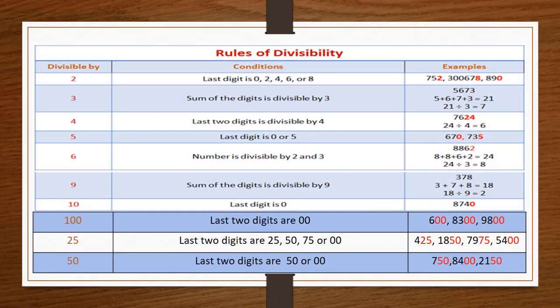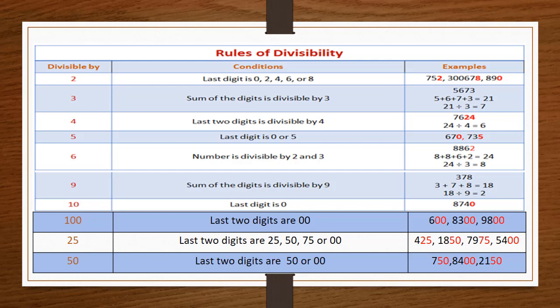Let's see a recap from 2 up to 25 and 50. Let's start with 2. For 2, the last digit should be 0, 2, 4, 6 or 8. Divisibility rule for 3: the sum of the digits is divisible by 3. For 4, the last two digits are divisible by 4. The divisibility rule for 5: the last digit is 0 or 5.